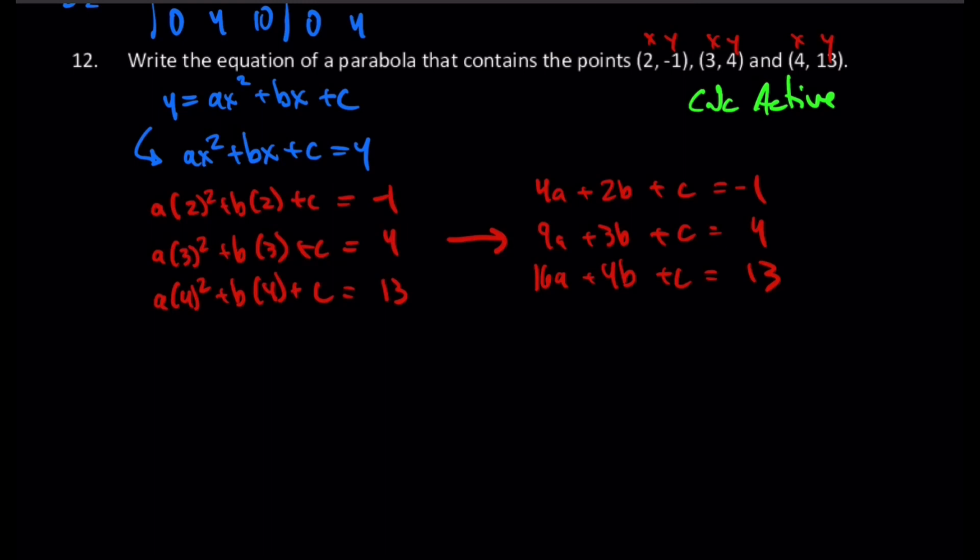All I need to do now is put this into a matrix. I'm going to do RREF on the calculator. It's going to give me reduced row echelon form, and I can determine what A, B, and C are easily and rewrite the equation. Okay, so matrix now. 4, 2, 1, -1, 9, 3, 1, 4, 16, 4, 1, 13.